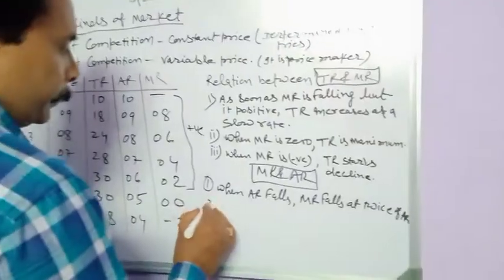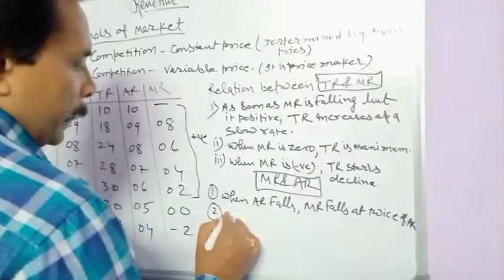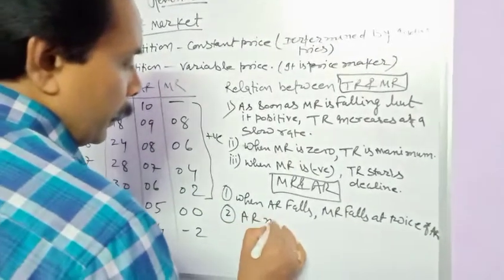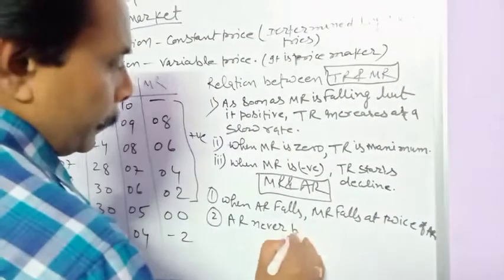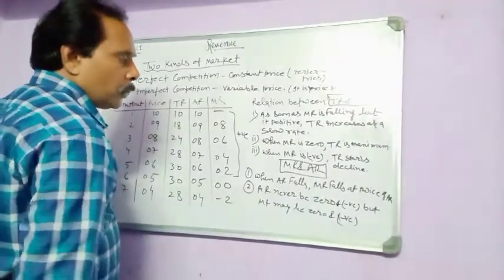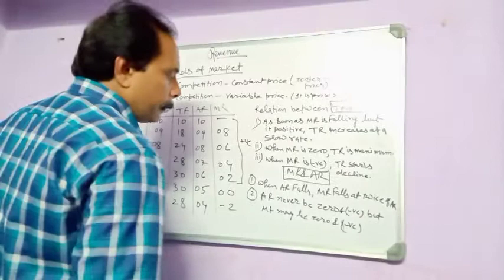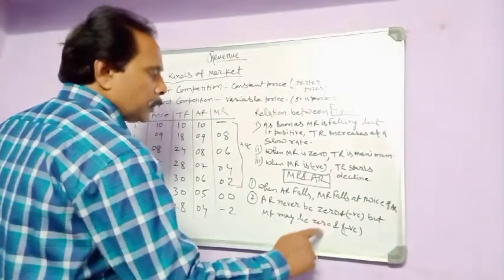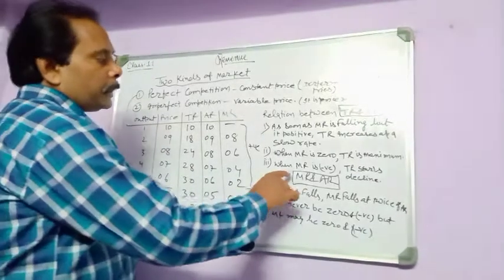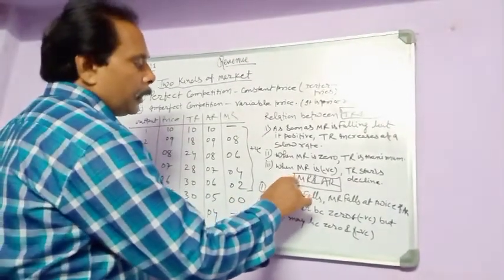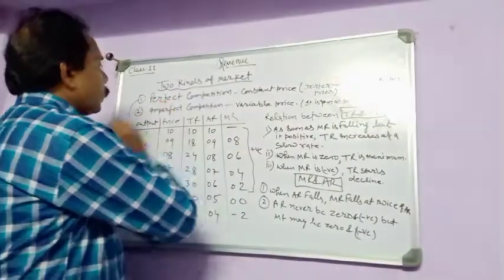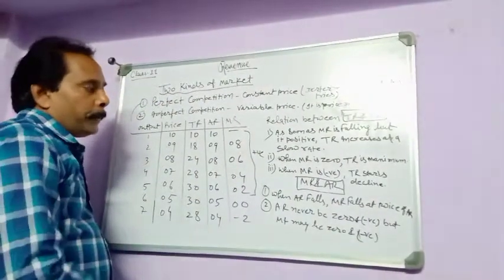Second, AR can never be 0 or negative, but MR may be 0 or negative, which you find here. So this is the relation between MR and AR in case of imperfect competition.